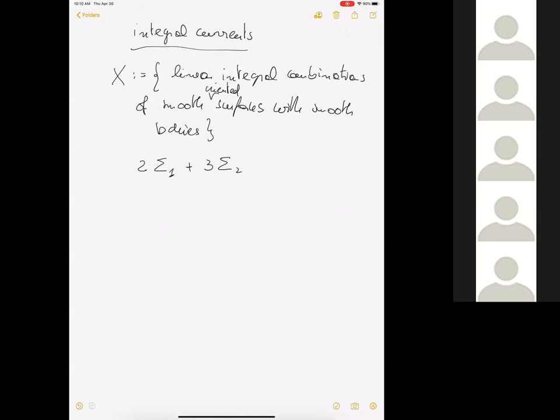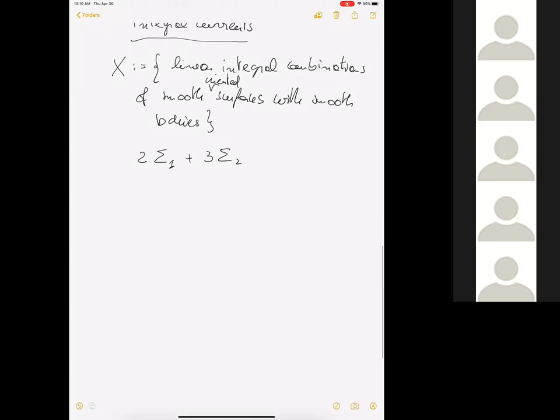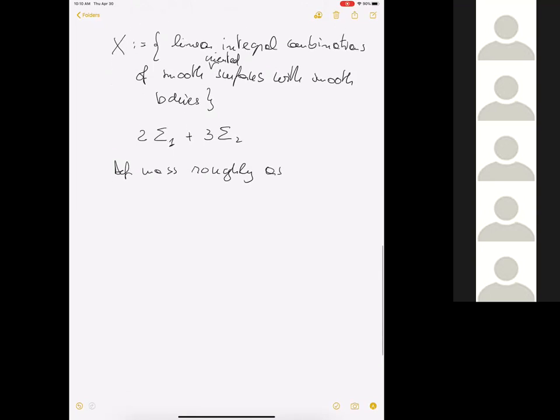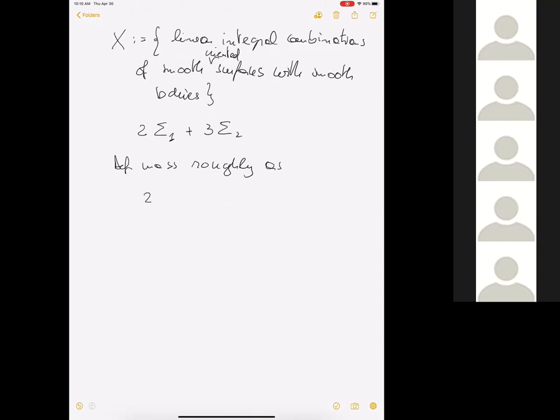And then I define, I ask myself, so I first of all define what is the mass actually of this. So define the mass, roughly, as 2 times the volume of sigma 1 plus 3 times the volume of sigma 2.